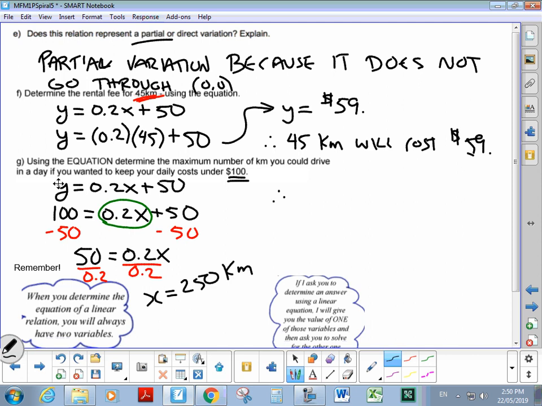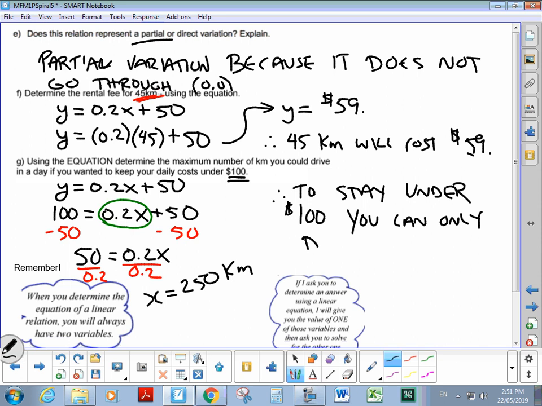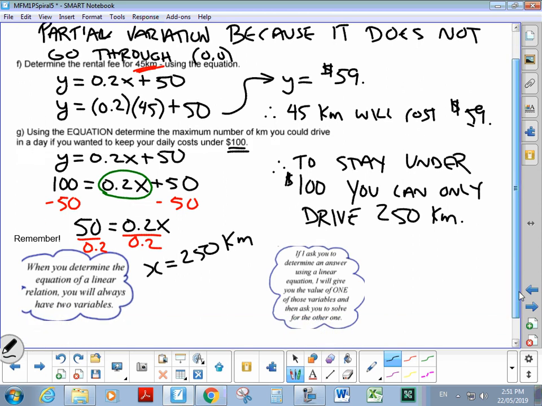So therefore, to stay under $100, you can only drive 250 kilometers. Anything over is going to cost us more than $100.